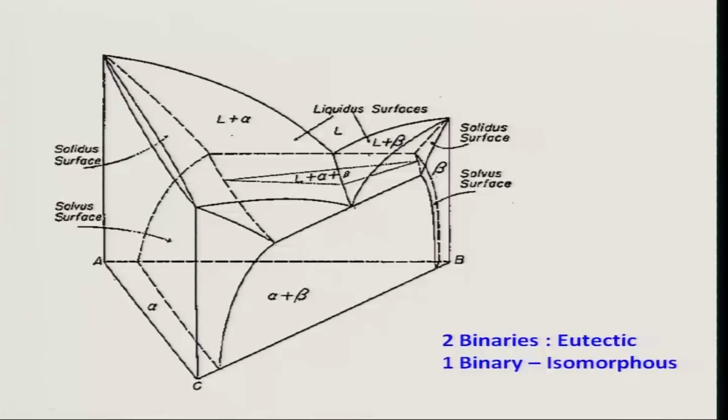We can also have a situation in which one of the binaries, like here AB, you can see, is basically isomorphous type, but the other 2 binaries are eutectic type. You can clearly see here eutectic.